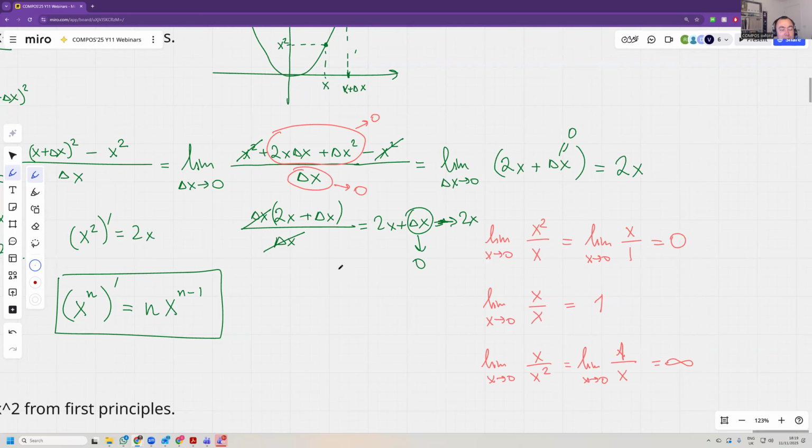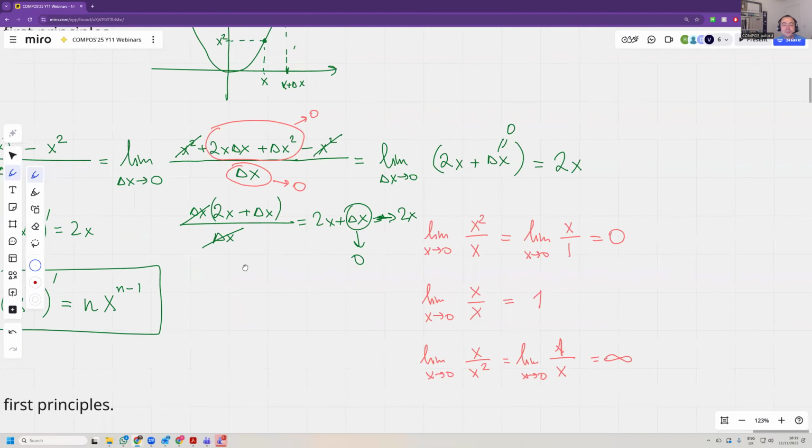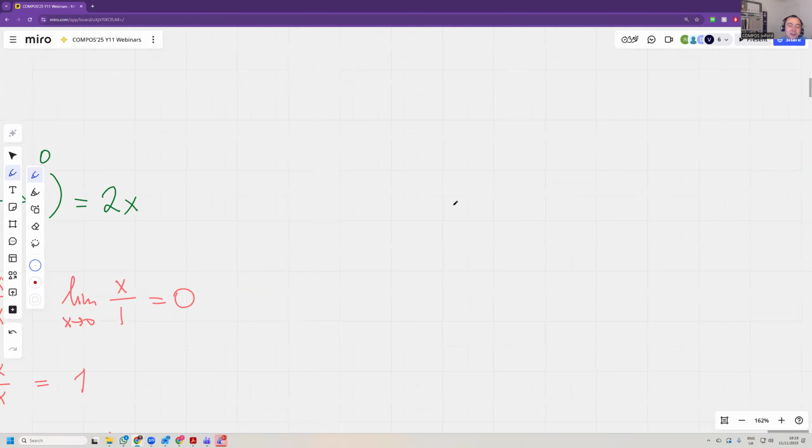Well, the numerator is not equal to 0. It tends to 0. And these are not the same thing. Like 1 over x, where x tends to infinity, this tends to 0 when x is infinity.